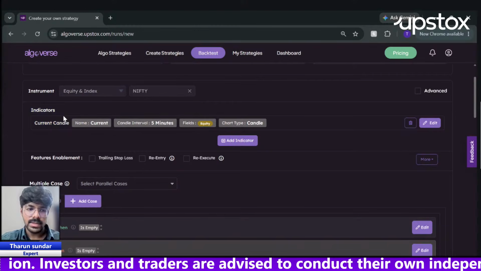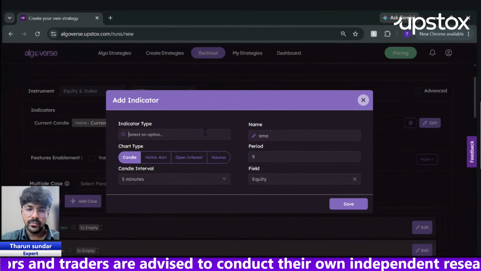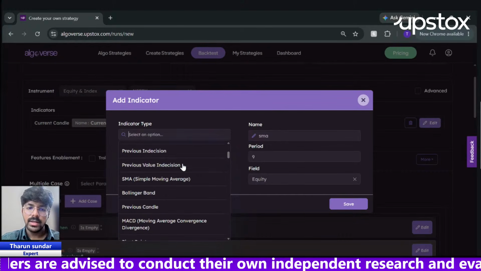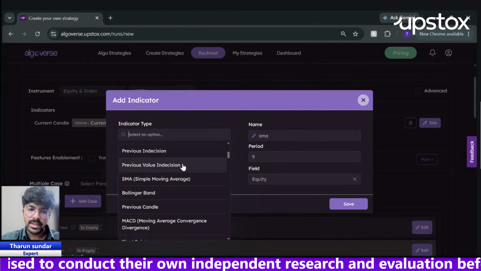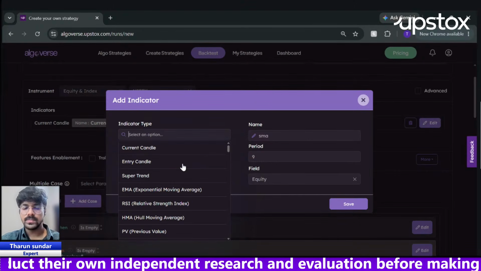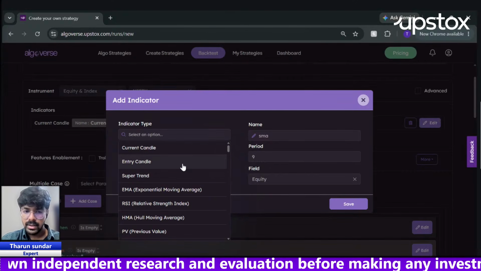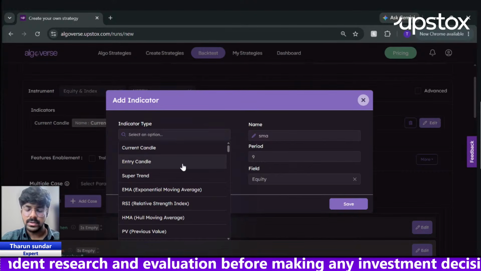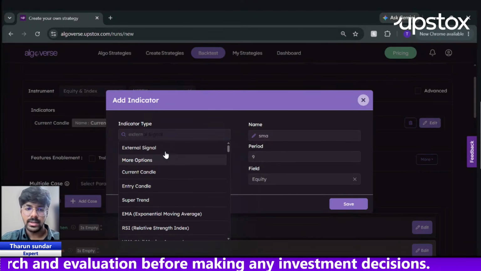We have come to the indicators tab, and Algoverse is one of the very few platforms, or I think the only platform, where users can find 85 plus technical indicators and analytical tools built right inside the platform. Most of the algo trading platforms available in the market today require you to generate even a basic indicator signal from third-party apps, let's say from TradingView or Charting or something like that.